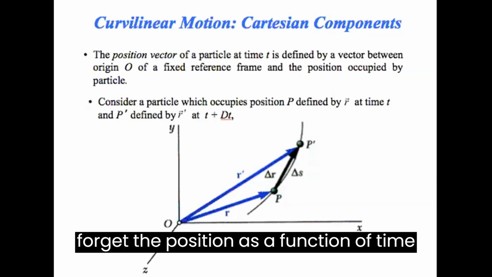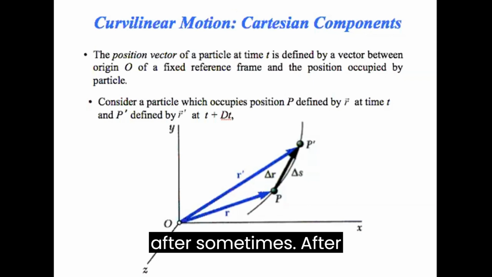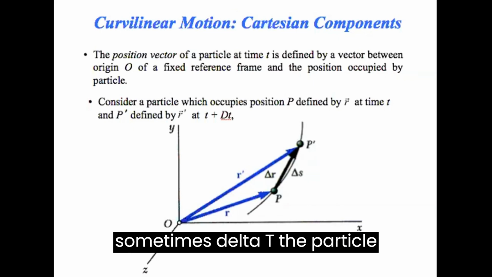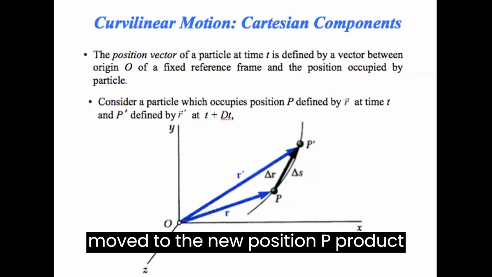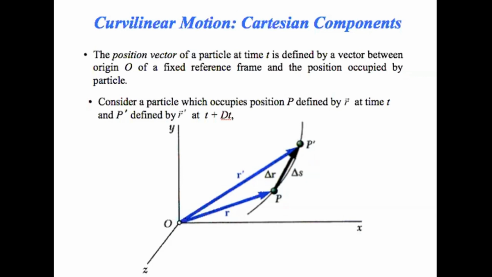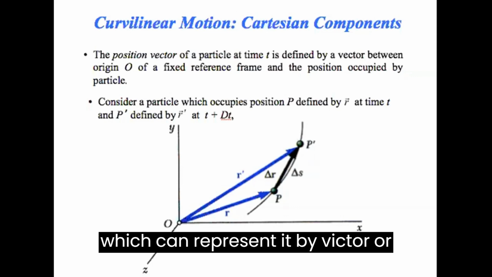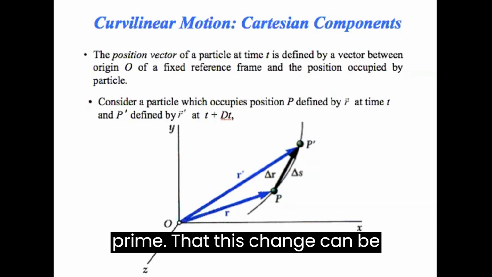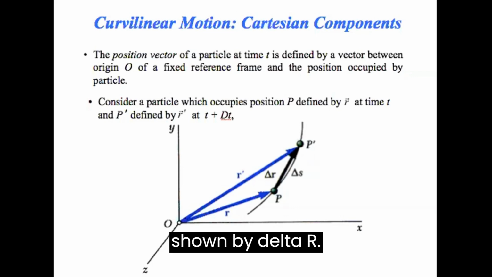And don't forget the position is a function of time. After some time delta t, the particle moves to the new position p prime, which can be represented by vector r prime. This change can be shown by delta r.